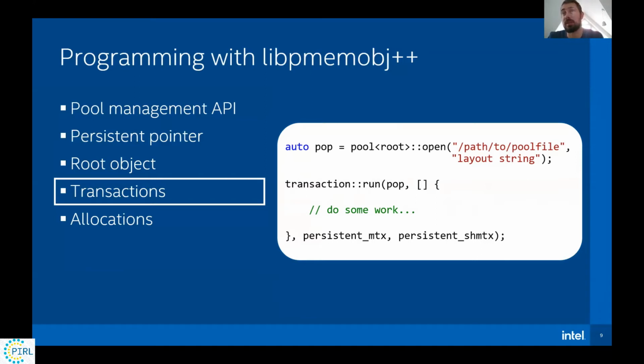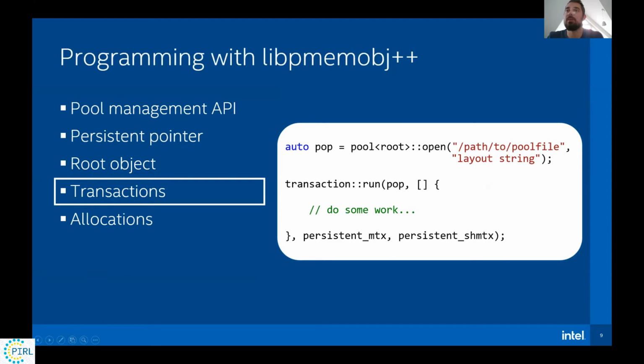Isolation means that transactions can be executed as if the operations were executed serially on the pool. This is optional and requires user-provided locks. And durability means that once a transaction is committed, it remains committed even in the case of system failures, and this property is guaranteed by the media itself.